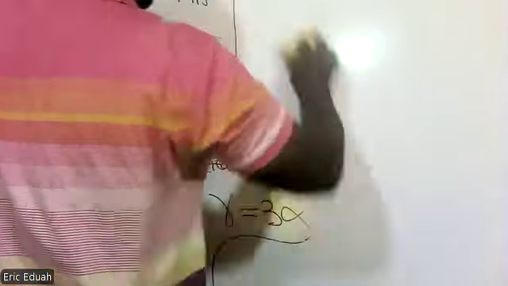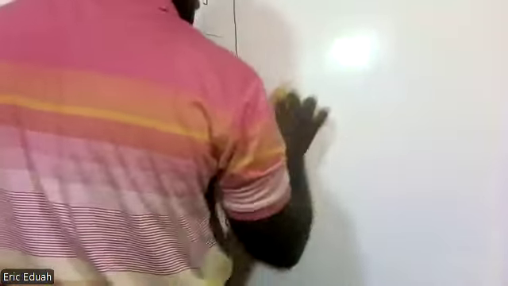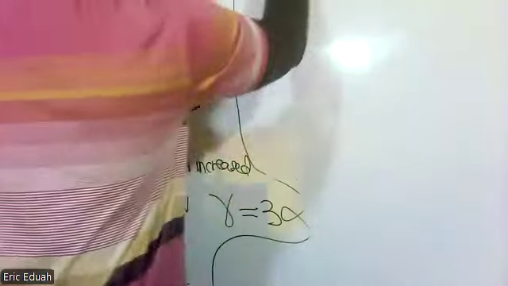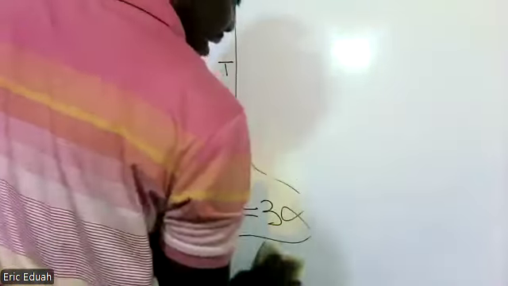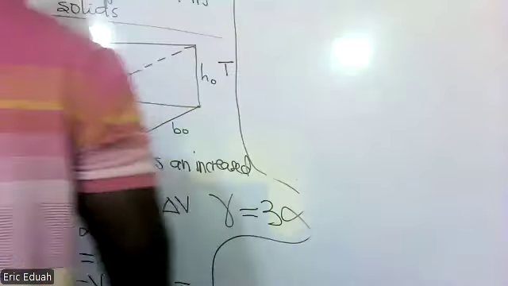So here there will be an increase in the length, the breadth, and then the height of the object. So this time around, a three-dimensional figure would go through a triple expansion.